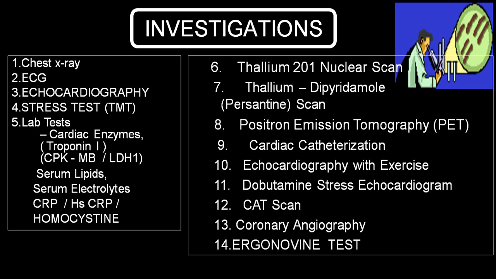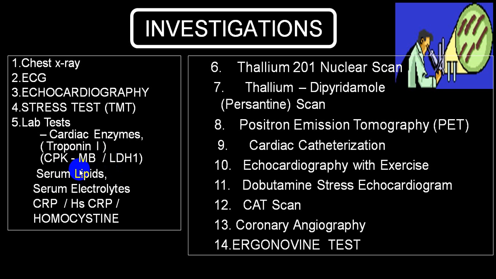Investigations also we have discussed in detail in ischemic heart disease, but still repeating again: chest X-ray, ECG, echo, stress test, or what we call TMT, treadmill testing, cardiac enzymes, troponin, CPK-MB, LDH1 is very rarely done.